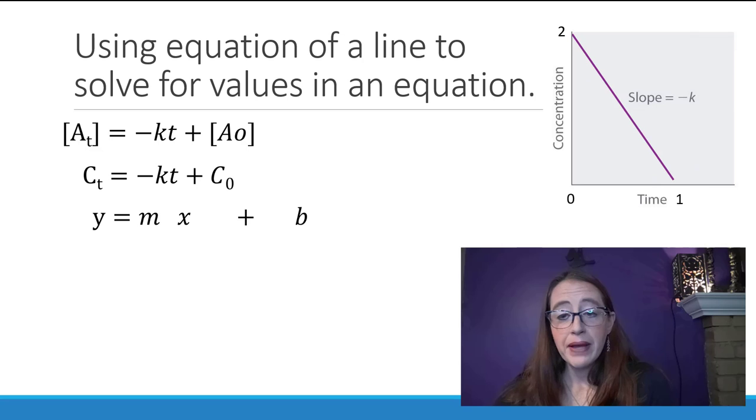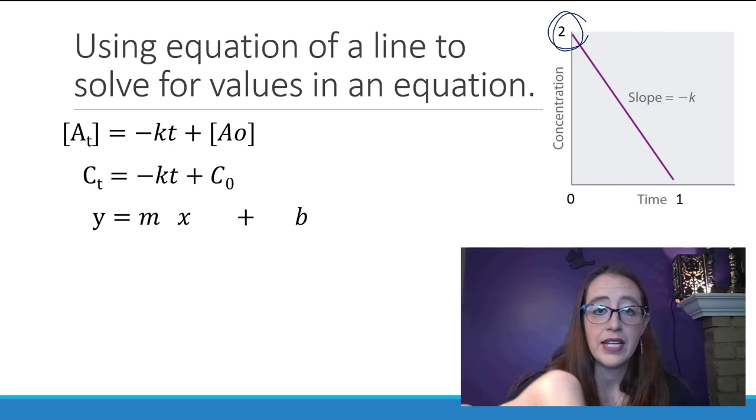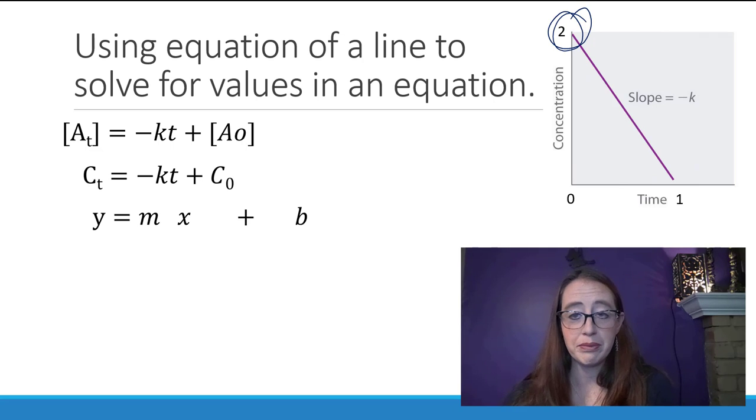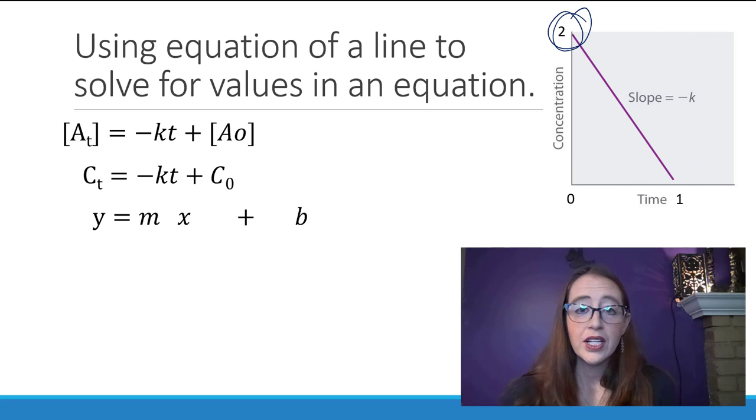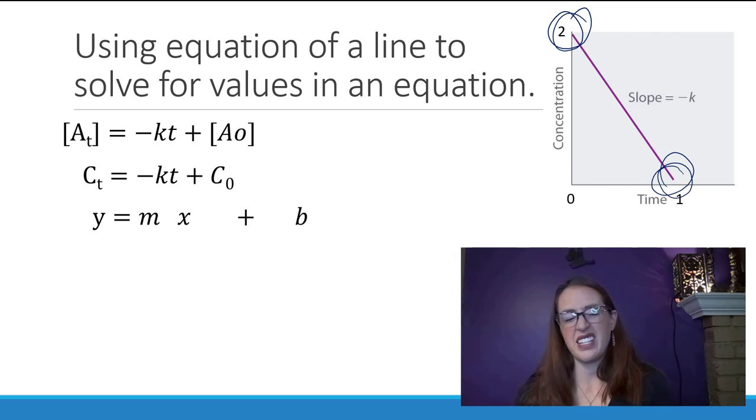So now we can compare our line to the equation of a line and solve for the value that we're interested in, in this case, the K. Here we can look at the y-intercept, and we can see what our initial concentration would be. We can look at our slope, and it's going to be the same value as on the last slide because I'm using the same line. I'm just putting it in a different context.